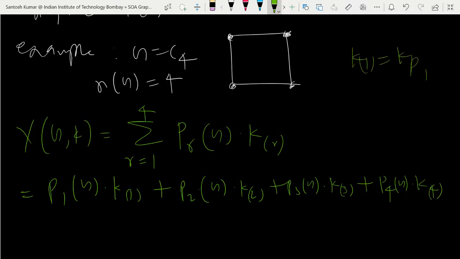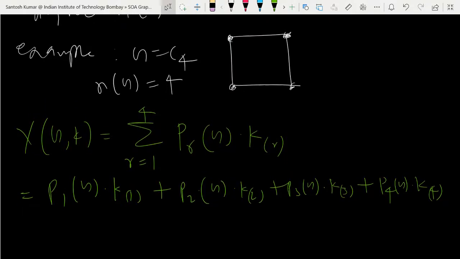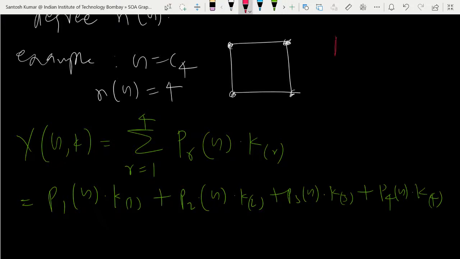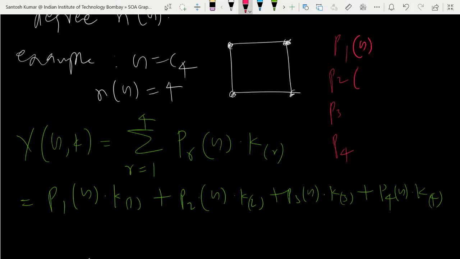You have K colors and you want to use them on one vertex, just once, since you have only one partition. So my aim is to find the values of P1, P2, P3 and P4.